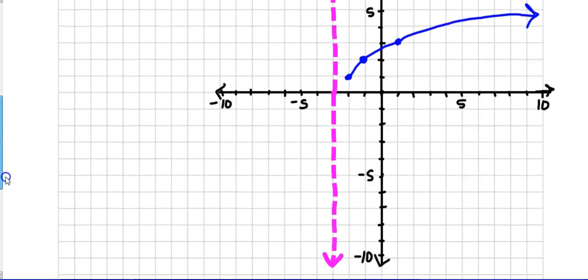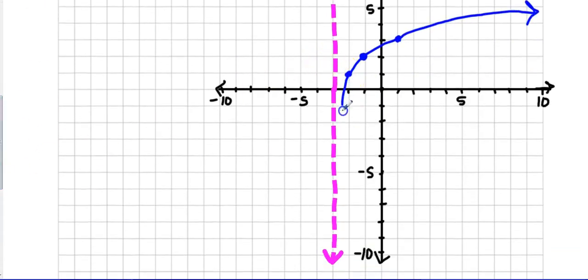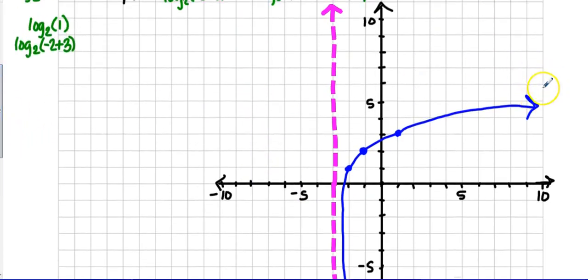Let's work towards having a nice curve here. So here's my original function, f of x, and let's actually label it f of x.